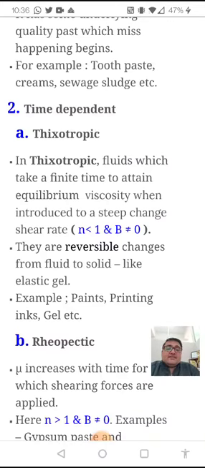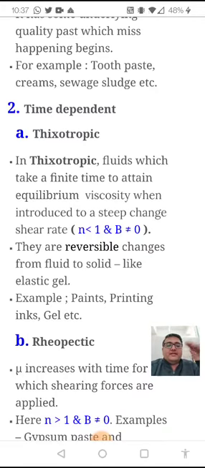They are reversible changes from fluid to solid, like an elastic gel. In the case of thixotropic material, it can solidify after a certain period of time, or it cannot flow after a certain period of time, like paint.